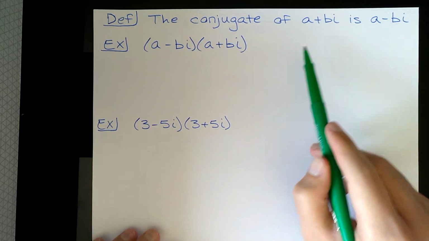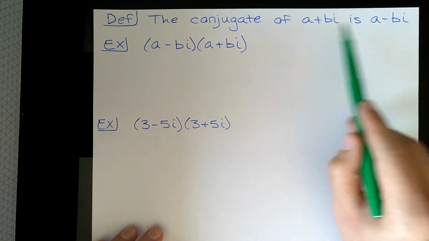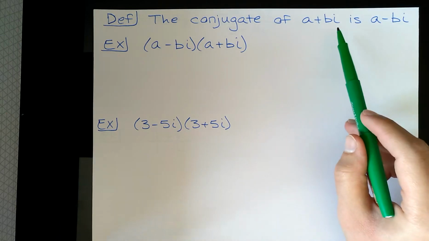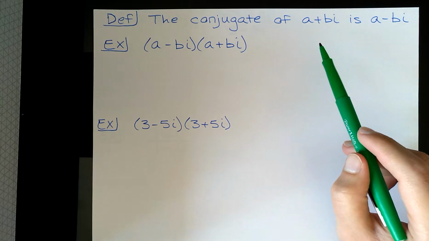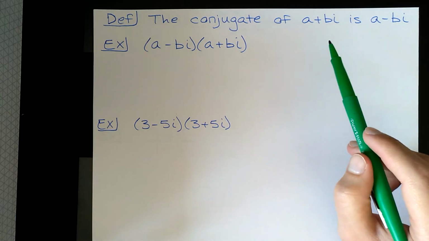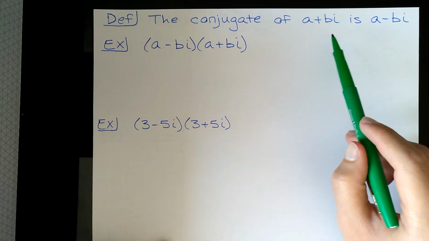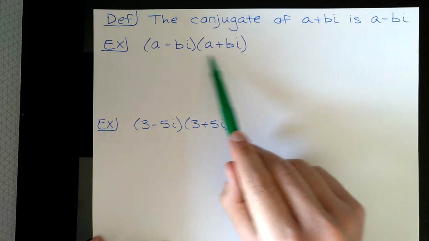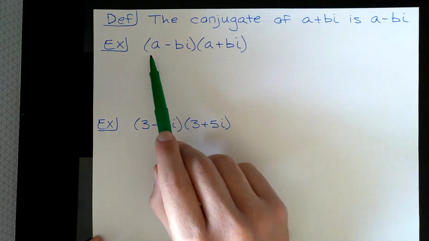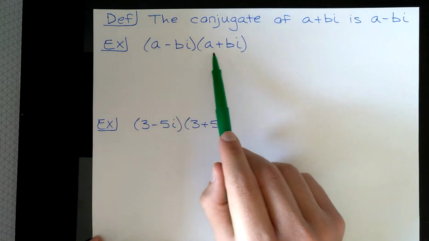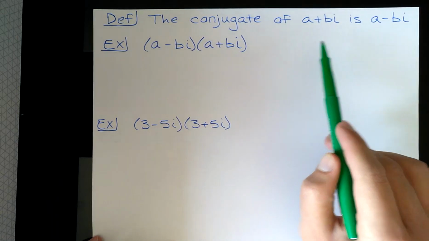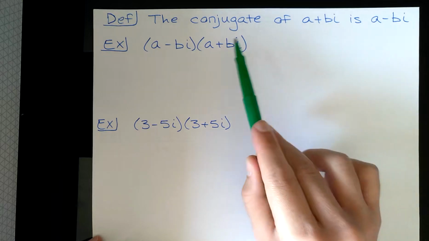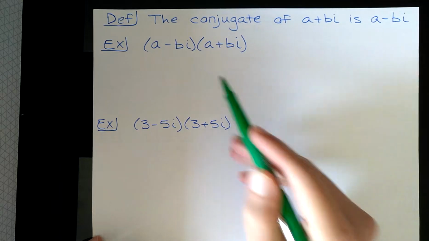So the conjugate just means that when you multiply them together, you're essentially going to cancel out a middle term. Think of it very much like the difference of squares formula. So, going to this problem, we have a minus bi times a plus bi. We are multiplying the conjugates together to see what's going to happen, why this definition is important.